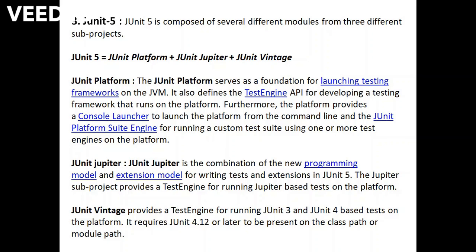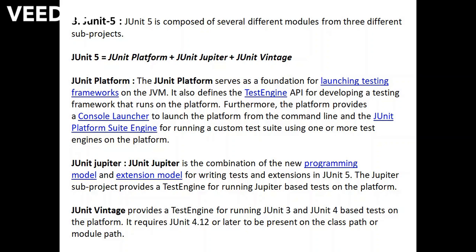And JUnit Jupiter. JUnit Jupiter, it's a combination of a new programming model and extension model. So it's a new programming model as I say. It has support for Java 8 features. It has a lot of new features supported. It has a lot of new programming model support which is present in the JUnit Jupiter jar. And also we can say it's an extension model.